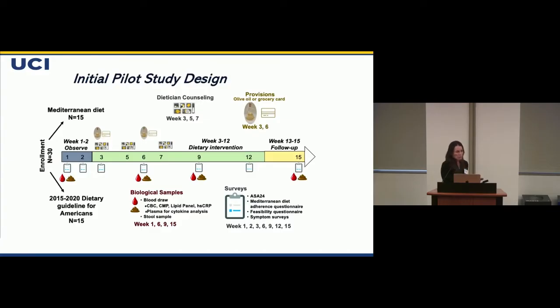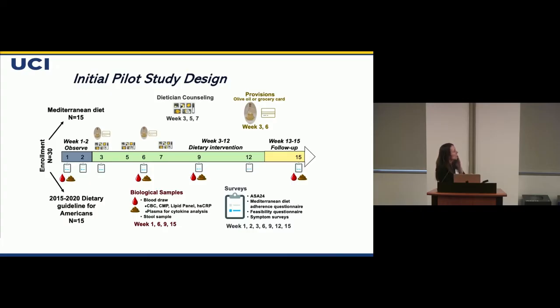So in the initial pilot study, basically, we followed people for 2 weeks, just to see what they were doing at baseline in their normal habitat. We collected blood and stool and then did 2 surveys of symptoms and asked what they were eating. And then the intervention period was a 10-week period where patients were given in-person dietitian counseling.